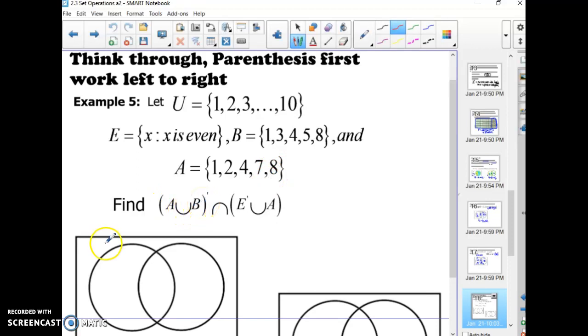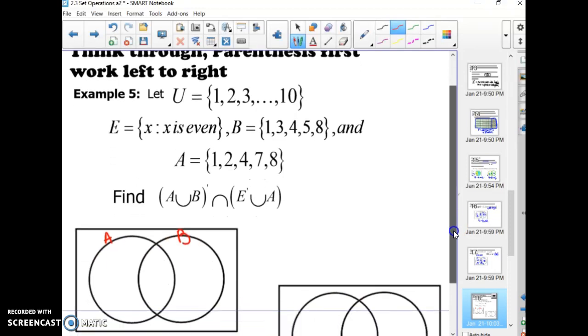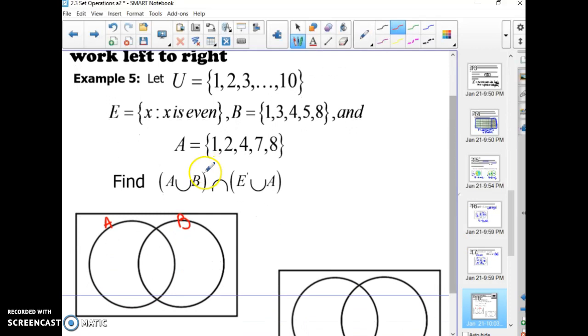I'm going to label this Venn diagram A and this one B. I'm not even going to worry about the fact this says complement. I just want to fill this out to figure out what I need. A is 1, 2, 4, 7, 8, and B is 1, 3, 4, 5, 8.